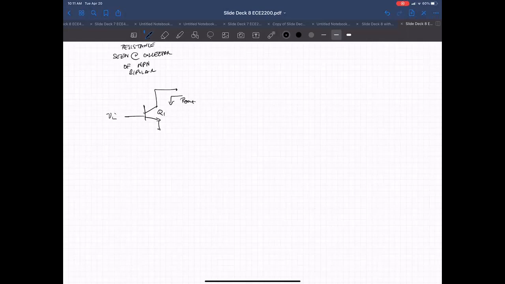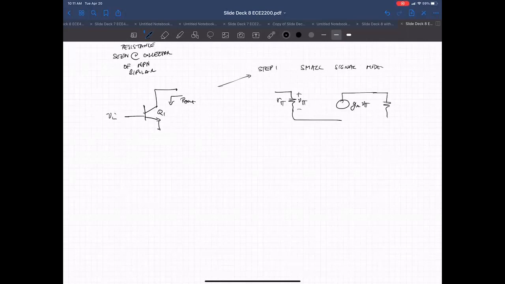Step one is the small signal model. That looks like R sub pi, V sub pi, and G sub M V sub pi.